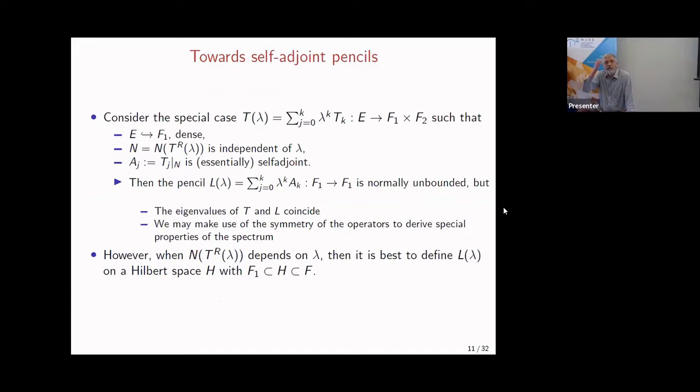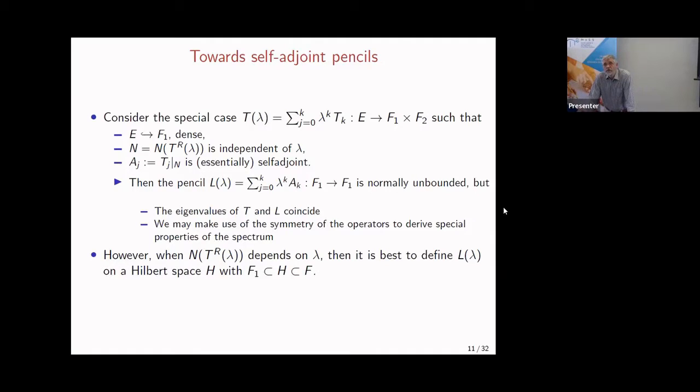Then we have that, starting from our bounded operator from E to F, F is split into F1 times F2 for our differential operator. Then we have that E into F1 is there. That's a reasonable assumption for our differential operator.